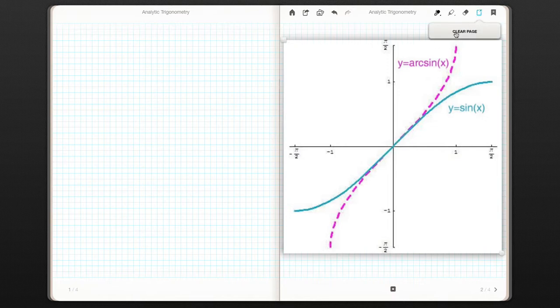The rule with arcsine is it's limited to the first and fourth quadrant. Let's draw that. Forgive me, I hope I can draw this well. It's looking okay.